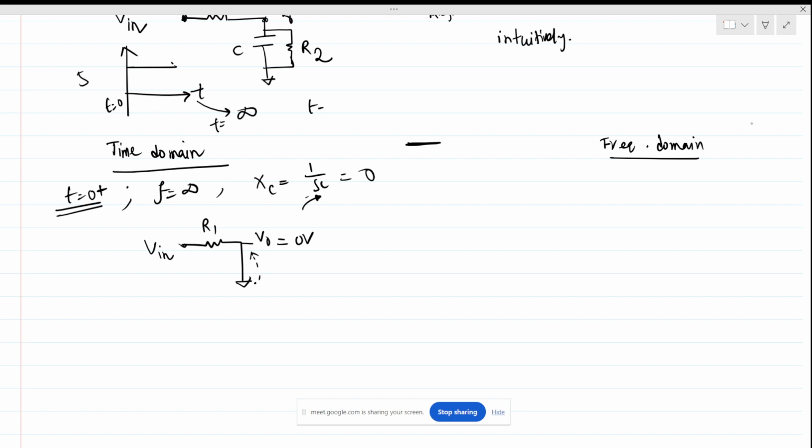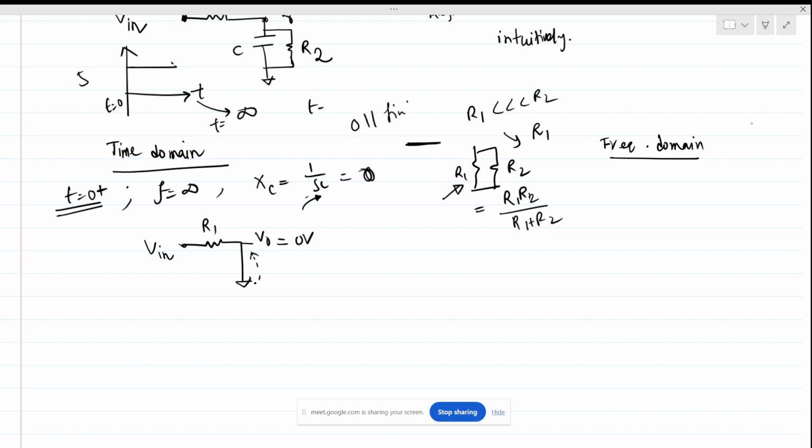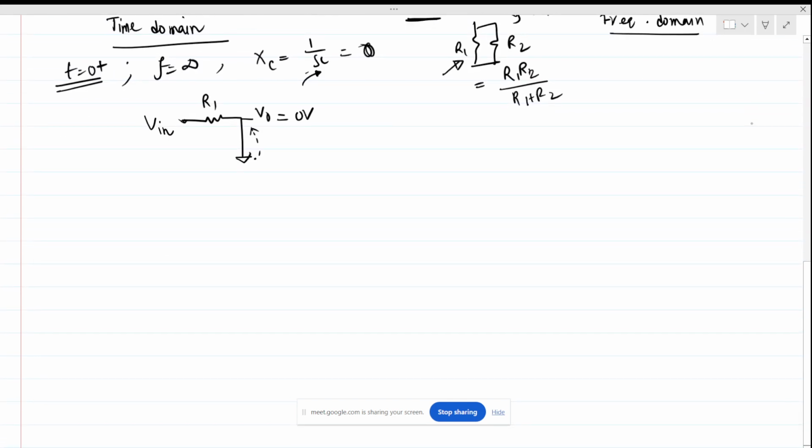R2 plays no role, because for two parallel resistances R1 and R2, the effective impedance is defined by the lower one, R1 R2 divided by R1 plus R2. If R1 is very much less than R2, the effective impedance is R1 itself. If there is zero in parallel with some finite value, the impedance is 0. So at t equals 0 plus the output voltage is 0.